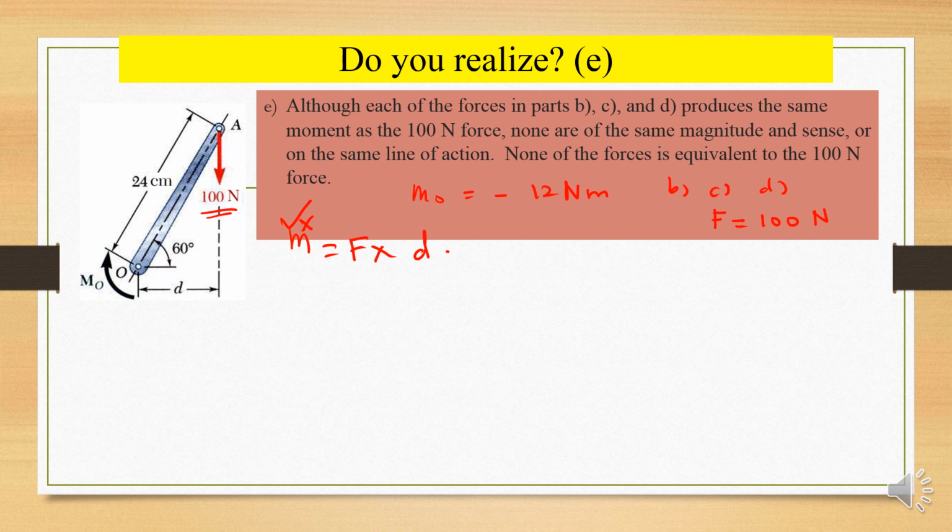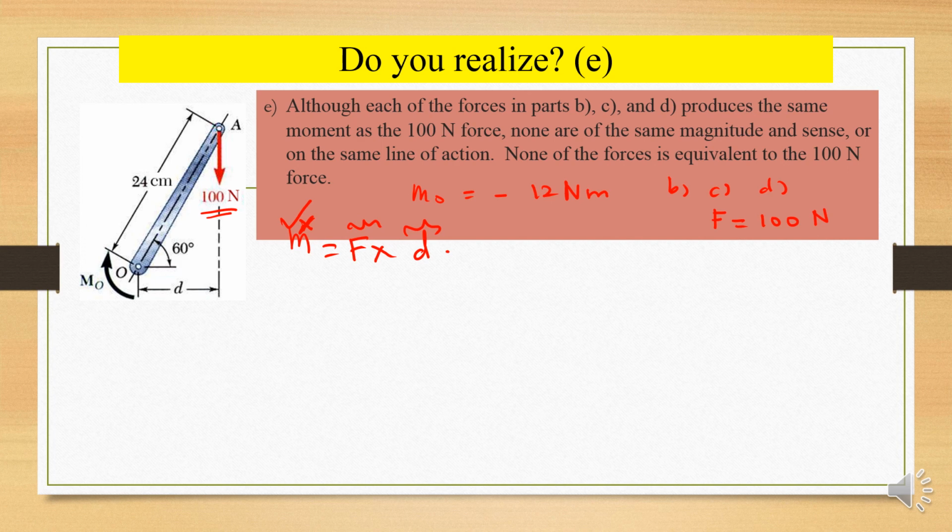In our case, moment is fixed, so the only difference is F and D. If you notice, B, C, and D all have different locations or perpendicular distance.